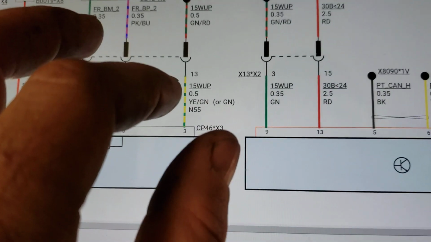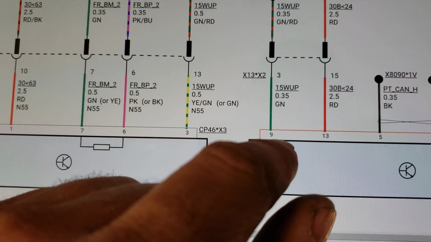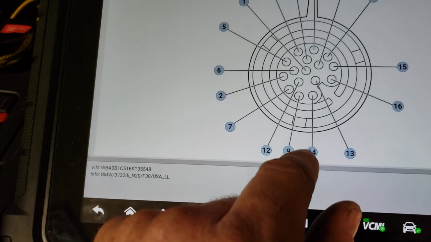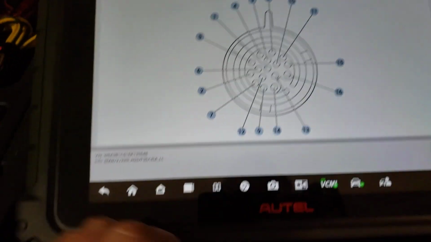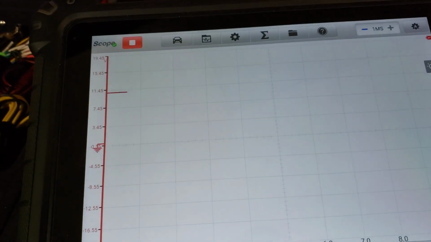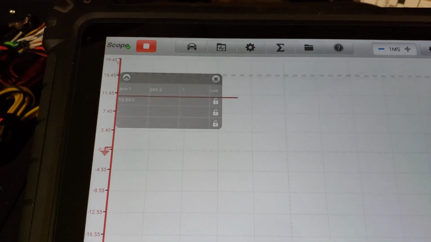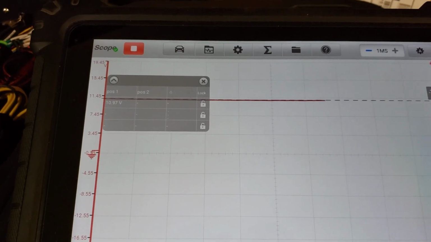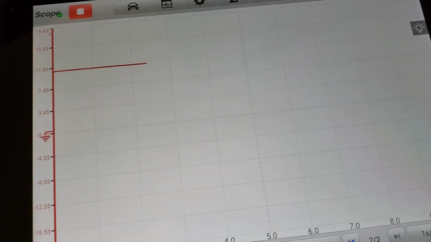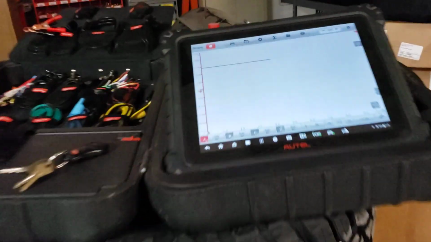I just want to see what I get on pin 9. Let me hook up pin 9 next. Already probed in pin 9. I know I should probably use a split screen. Same thing, battery voltage. Yeah, a little bit less. But anyways, our battery's probably a little weak, because you can hear this fuel pump running all the time, which is weird. Well, if there's no comm, that makes sense.